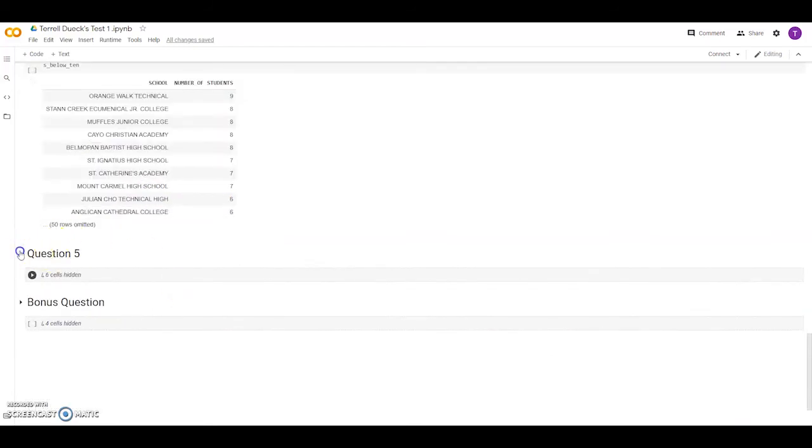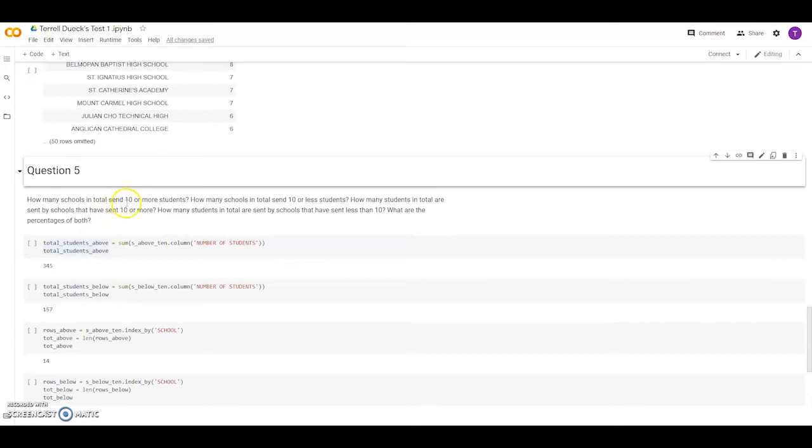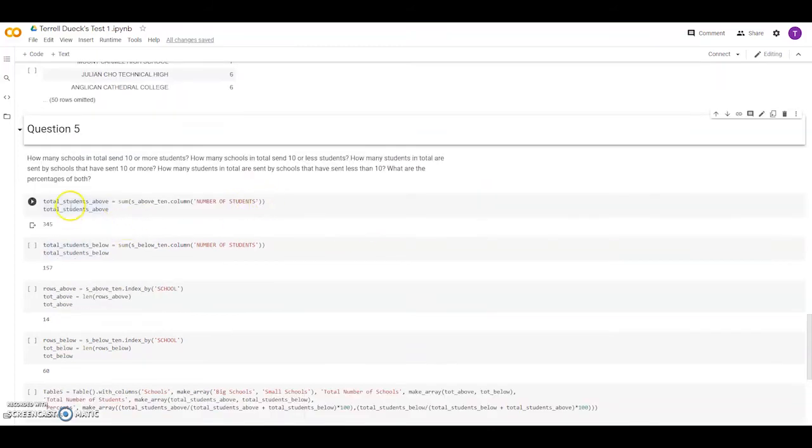Now in question 5, this is how many schools in total sent 10 or more students, how many schools in total sent less than 10 students, how many students in total are sent by schools that have sent 10 or more, and how many students in total are sent by schools that have sent less than 10. Then I show what the percent of both is. First, I look for the total sum of the students for the big schools.